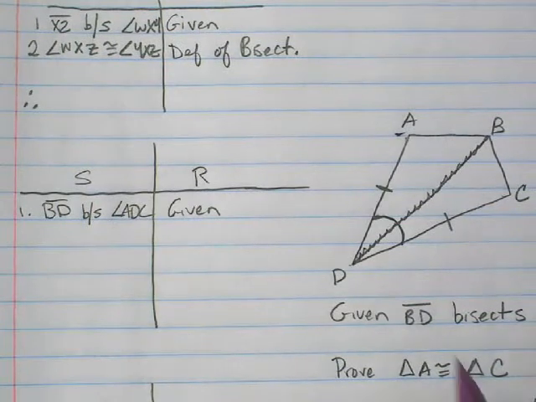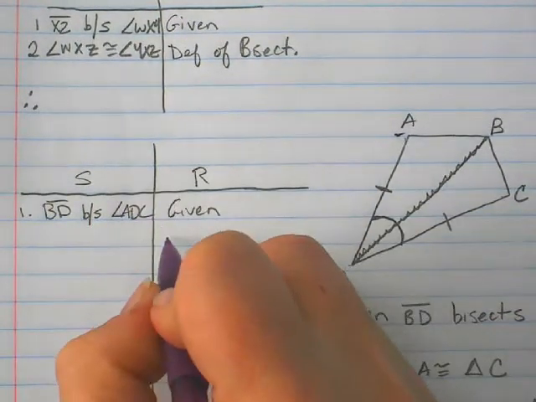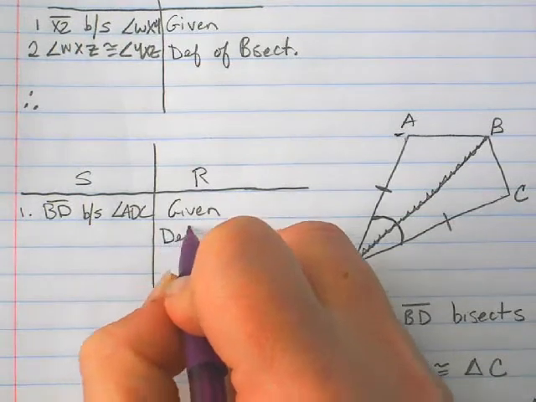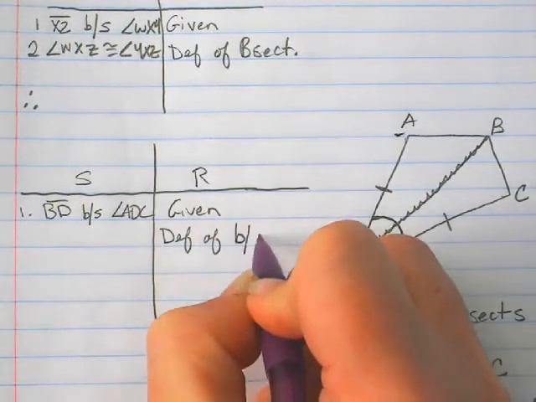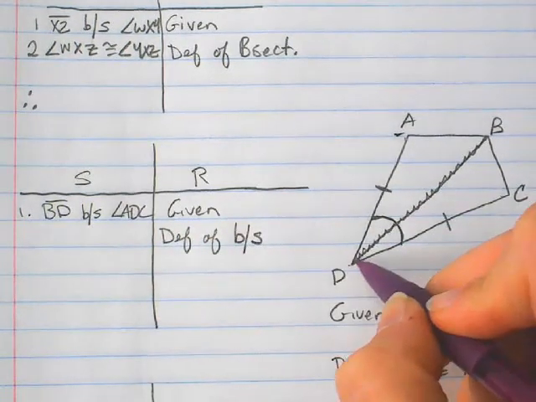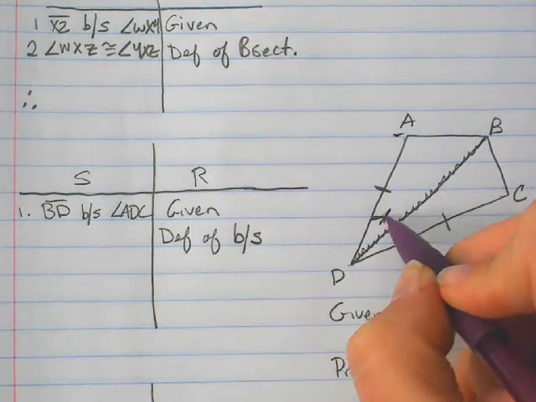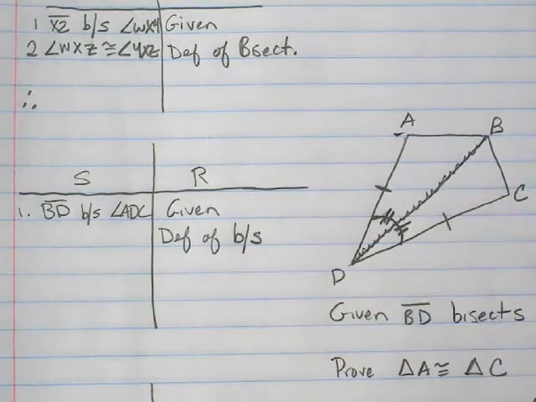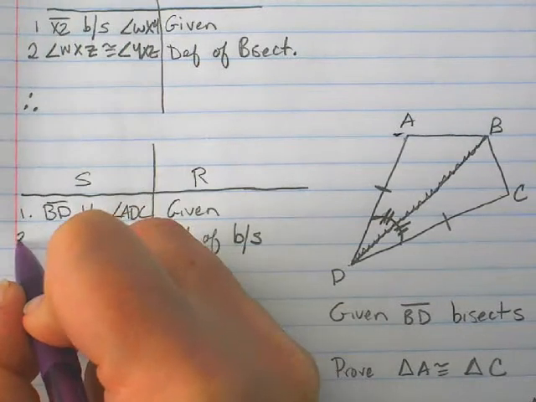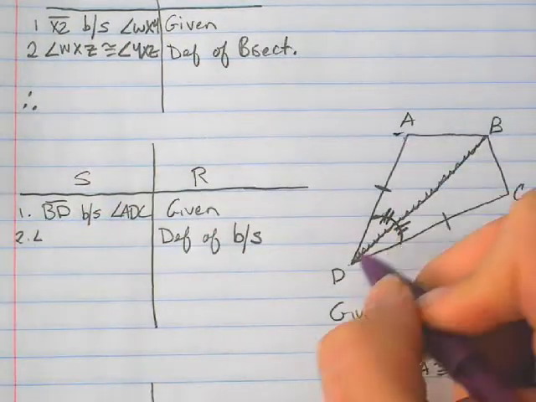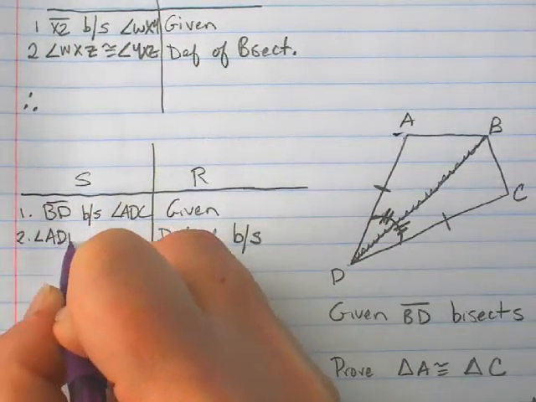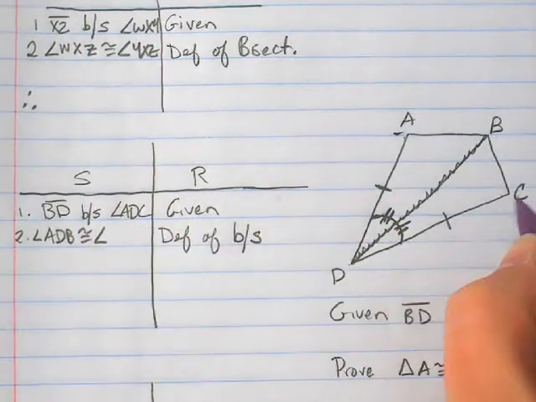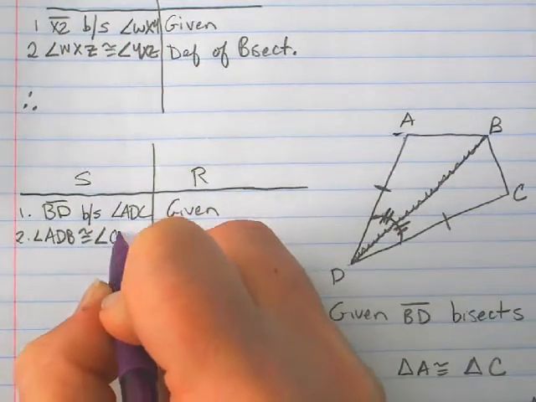Just like with midpoint, if you use bisect, the next statement is always definition of bisect. When I bisect my angle, I create two congruent angles. Angle ADB is congruent to angle CDB.